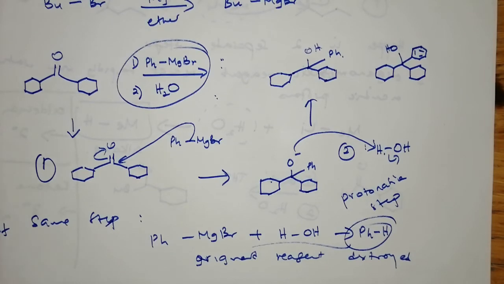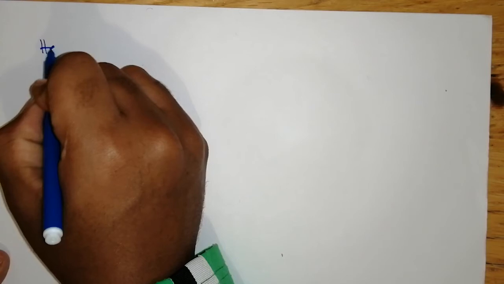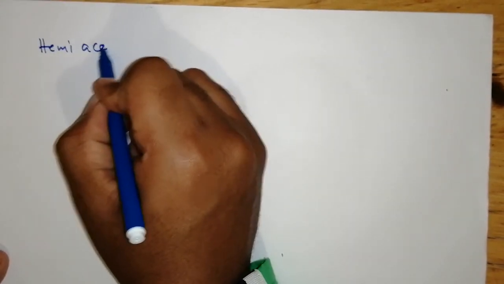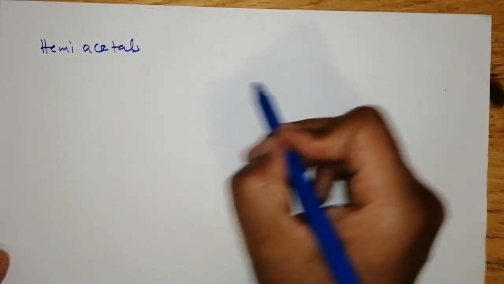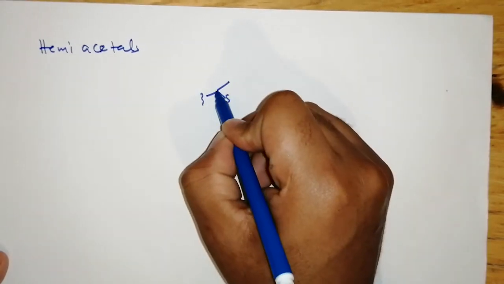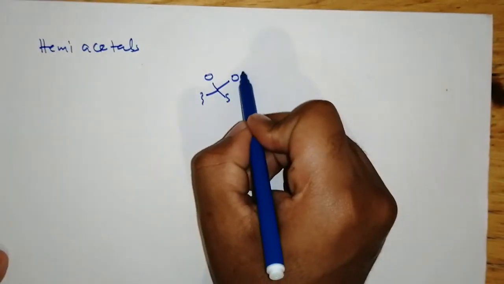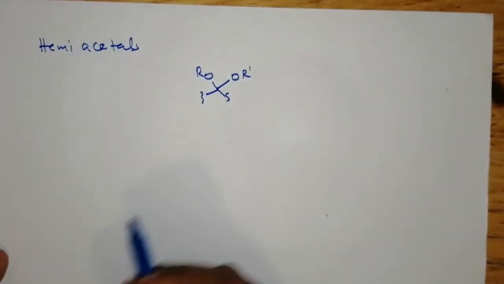Okay, so let's just wrap up with the last thing. There is another functional group that we normally look at. It's called acetals, right? But in this video, because it's just an introduction, we're going to look at hemiacetals. An acetal functional group is one carbon directly attached to two oxygens, with an alkyl group here and another alkyl group.